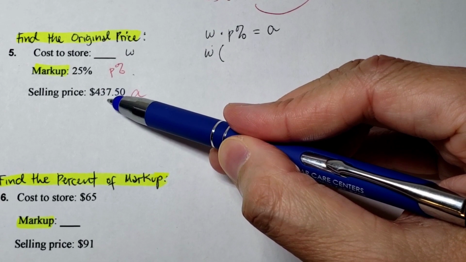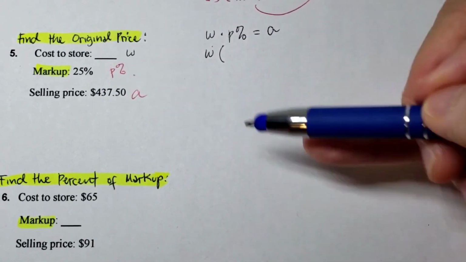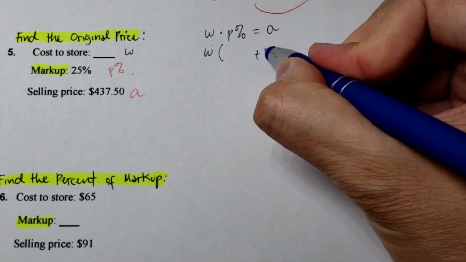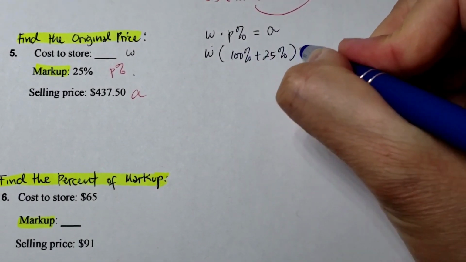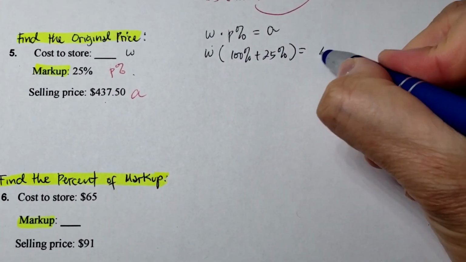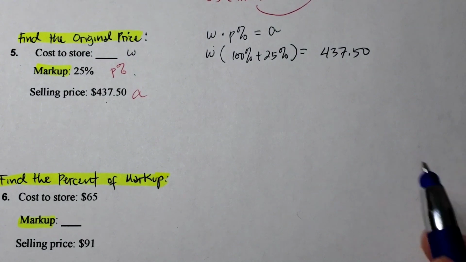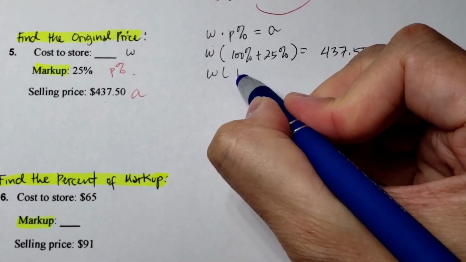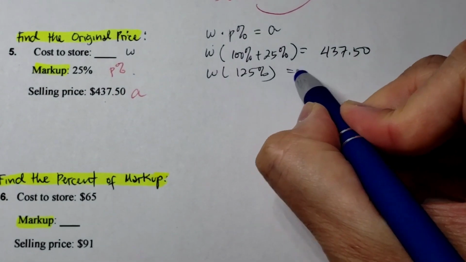So this price is 25% more than the cost to the store. So again, we're adding 25% to the 100%, and it gave us this amount, which is 437.50.